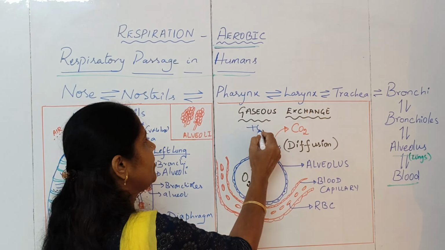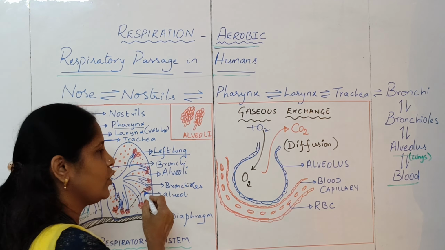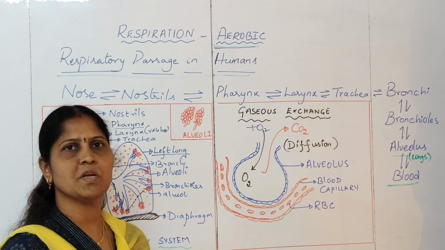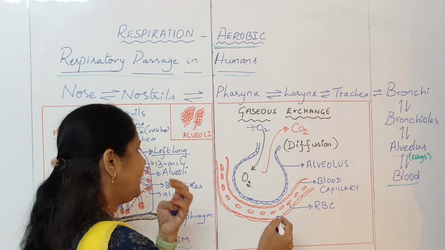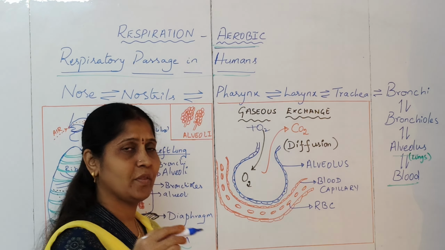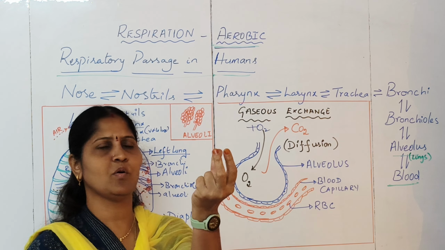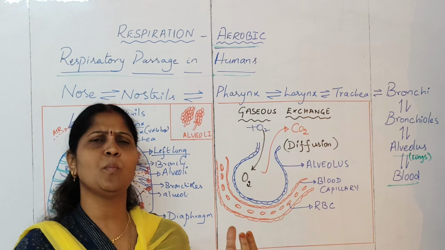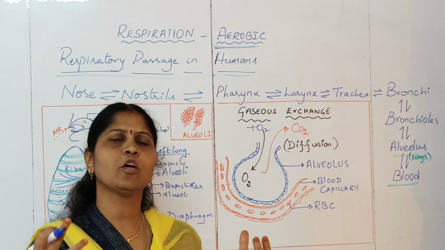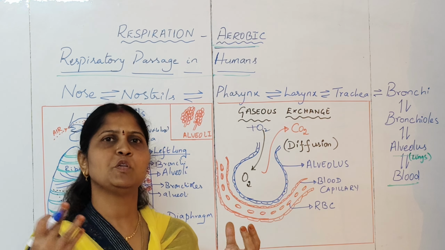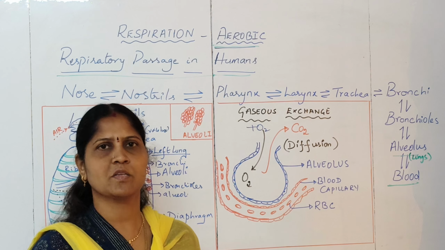The air that has come near each alveolus would be rich in oxygen, and the blood present around the alveolus, each alveolus will be surrounded by numerous blood capillaries, which will have more carbon dioxide in them.